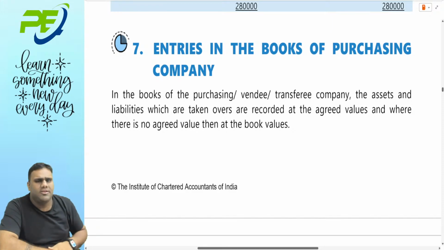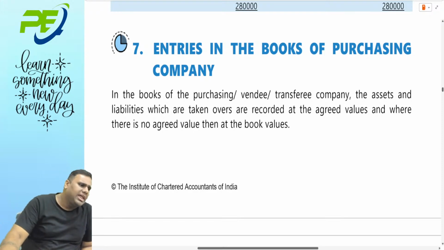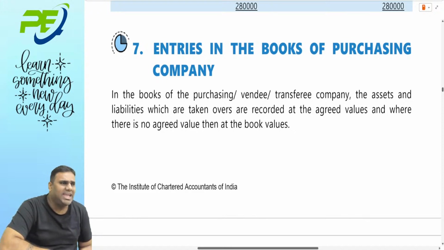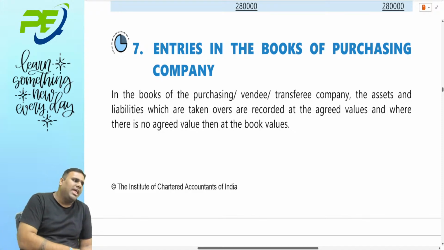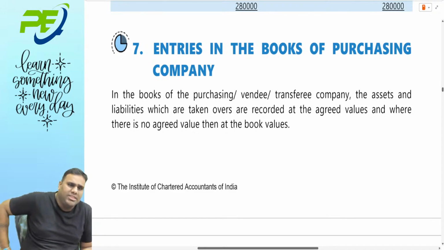Very simple. Assets account debit, liabilities account, to business purchase. Come on, write everyone. Asset account debit, liability account credit, to business purchase.